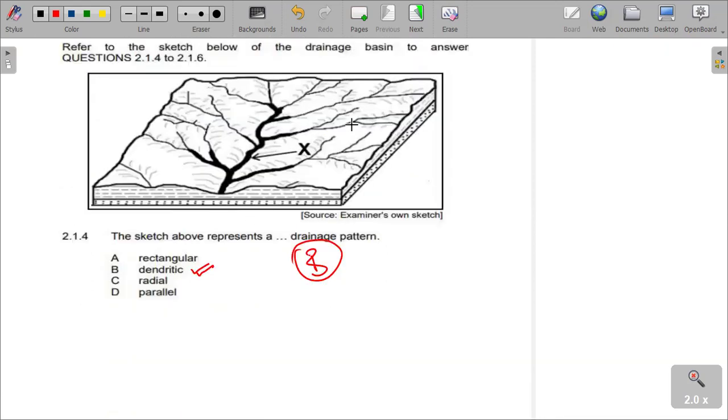Our next question refers to stream order: identify the stream order at X. The first streams that catch water from the catchment area, collecting their own waters, are called first order streams.